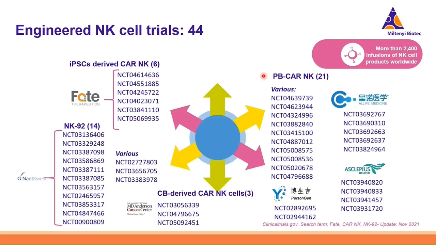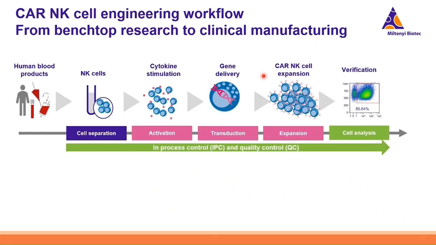Now looking at what Miltenyi Biotec offers for the CAR-NK cell engineering workflow: we offer everything from research to clinical manufacturing throughout the whole process, starting with the cell product in the beginning, where usually it's either cord blood, peripheral blood, or, for example, iPSCs, as we heard in the talk before. Then the first step is always to isolate the NK cells, to activate them, to transduce them, and afterwards expand them to reach the cell numbers needed for treating the patients.